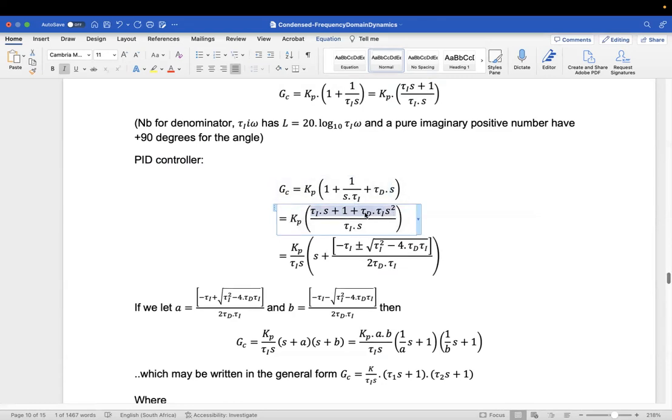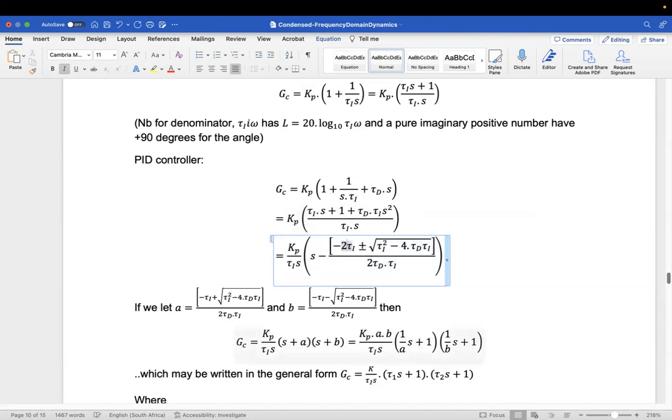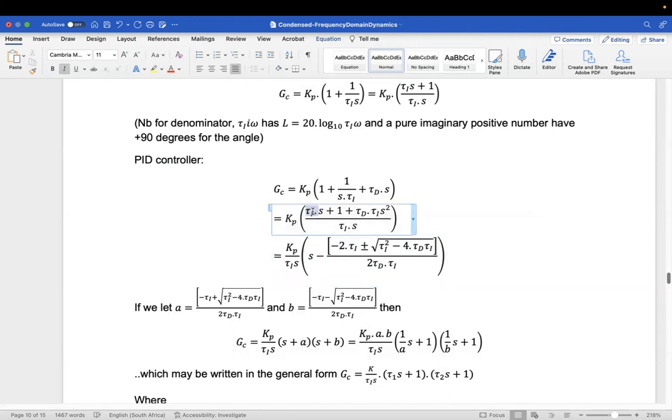So we can say the roots of this numerator will be s, and in fact, I think this should be a minus here. So s equals minus, and then it's minus b plus or minus, right? So the b part here is the coefficient of s. Remember, in the standard form, it's ax squared plus bx plus c.